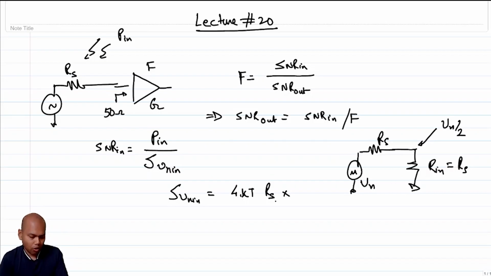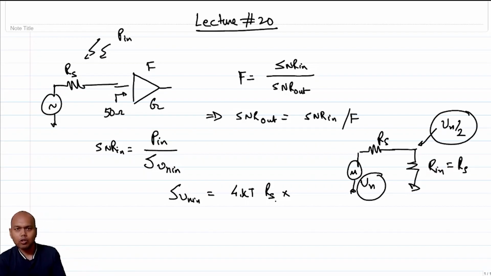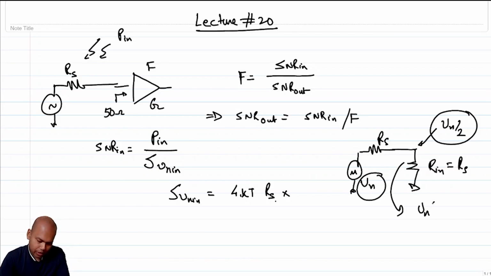So what is the noise power spectral density due to the input noise only? This is the noise power spectral density due to Vn, divided by 4, right. Or rather, if I have to be strictly talking about power here, not with respect to a unit impedance, then the power here is Vn square by 4 Rs, right.